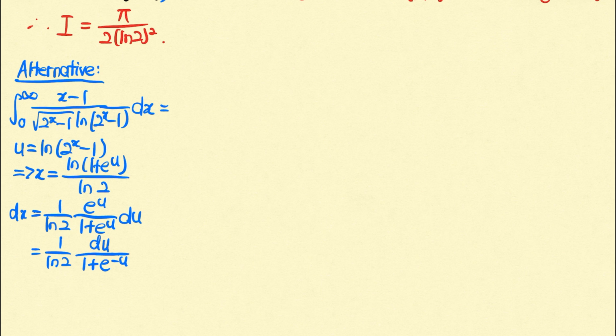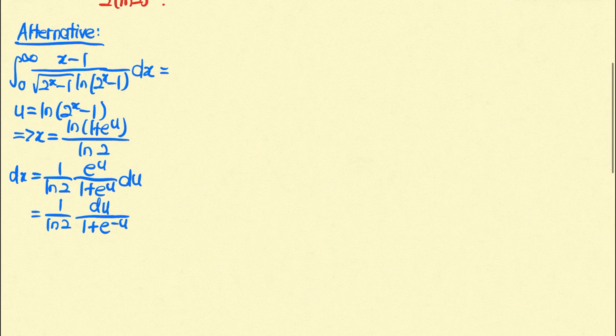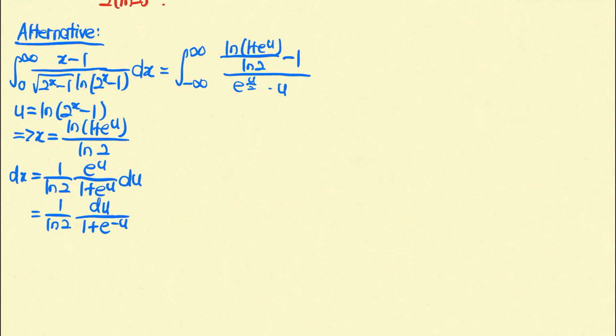So this transforms the integral into the bounds of integration being negative infinity to infinity, which we can check. And then we have natural log of (1 plus e^u) over natural log of 2 minus 1 over e^(u/2) times u, and then the dx will be 1 over natural log of 2 du over (1 plus e^(negative u)).